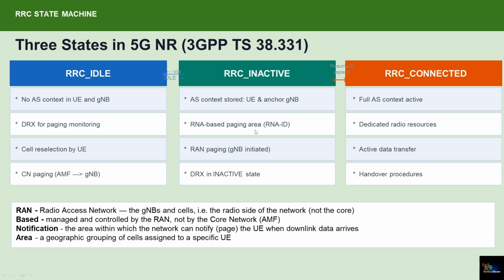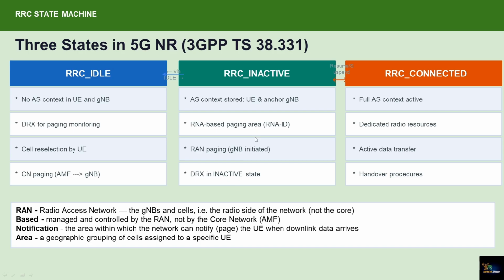Your sleeping phone checks the local cell broadcast and realizes it is in a new unassigned area, so it is strictly required to perform an RNA update. The phone briefly wakes up and sends an RRC resume request to the new cell tower.